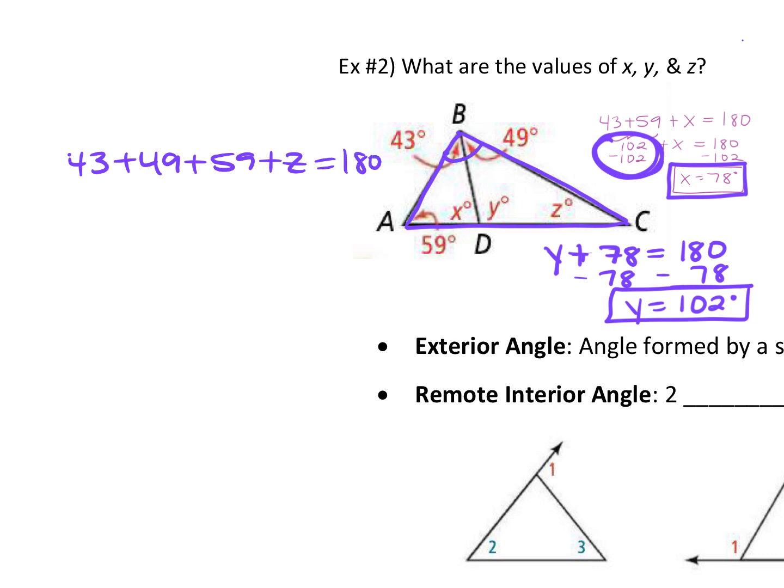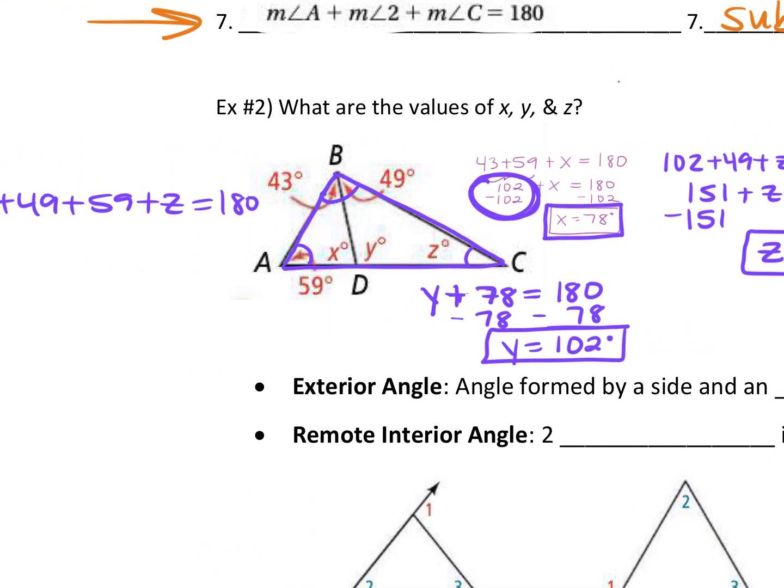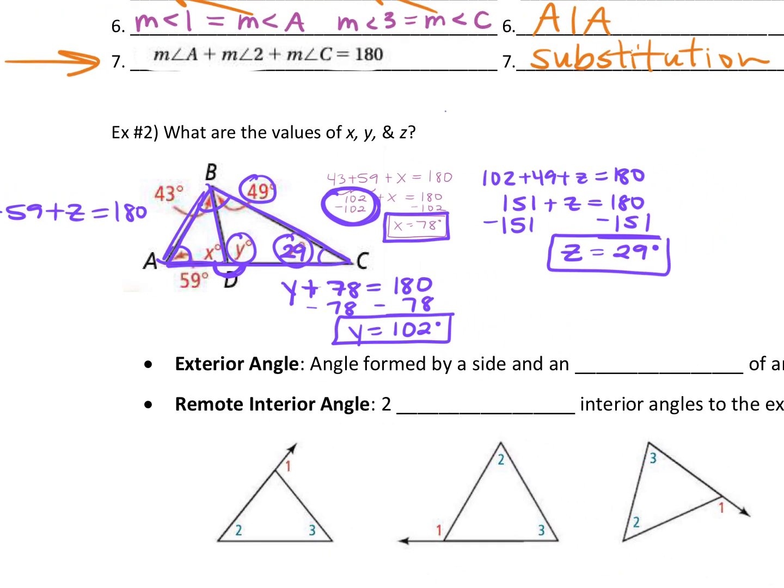That's this angle, that angle. Add those three, which is really 4, up, and subtract. And then once you know z, so we said z was 29, I would go, okay, well then 49, 29, and y will add up to 180. And then you could have done a linear pair this way, or you could just use this other triangle. Okay? Any other questions on that?